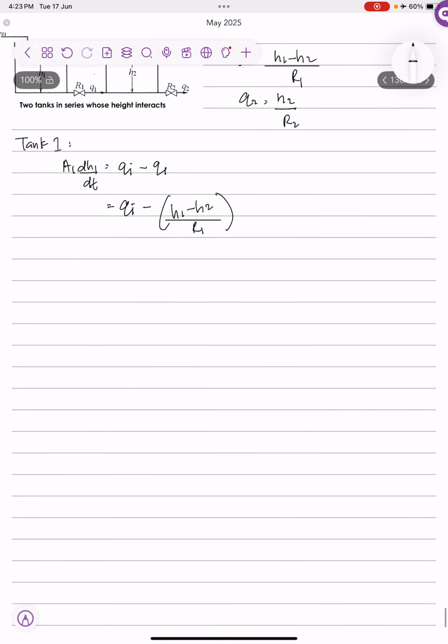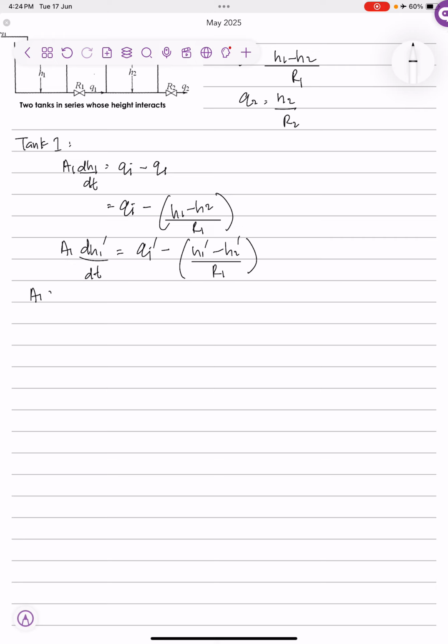Then we apply the Laplace transform to both sides. First, you write this in deviation variables. You have dH1; after you subtract this model with the steady state model, you get (H1 minus H2) over R1, and then you use the Laplace transform for both sides.